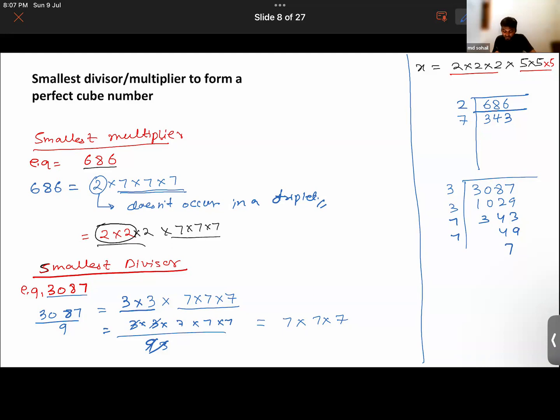Here we are dividing it by 9, but if we were to simply multiply it by 3, then in that case also it will become a perfect cube because you get triplets of 3 here, right? So which approach you take in solving the question entirely depends on what the question is asking, right, Ahmed? Yes, sir. Okay, very good. Now let's move ahead. That is clear now?